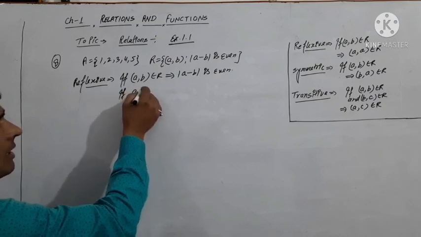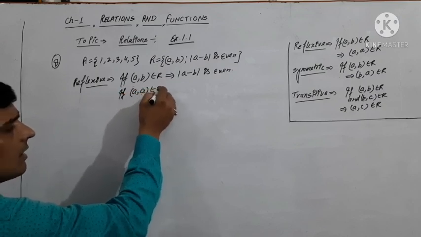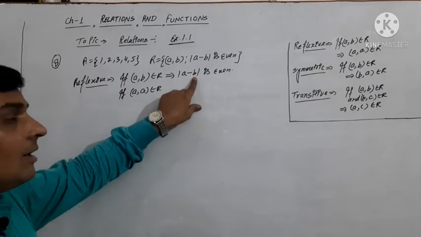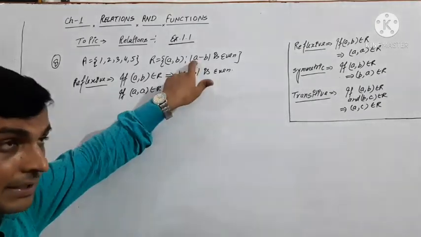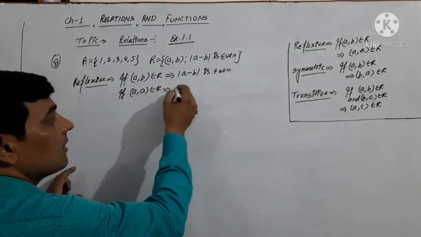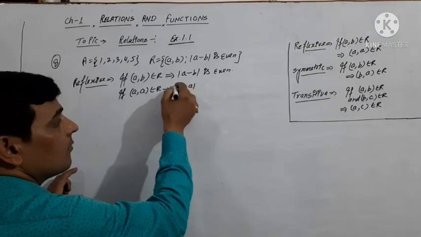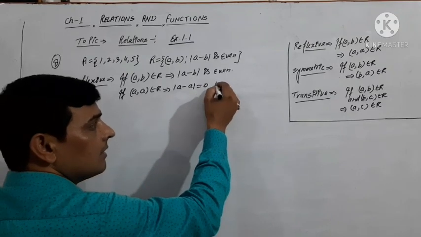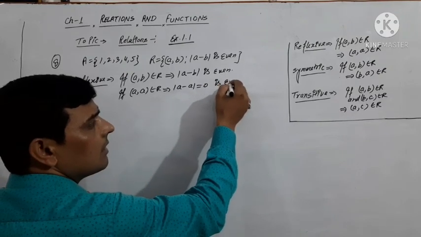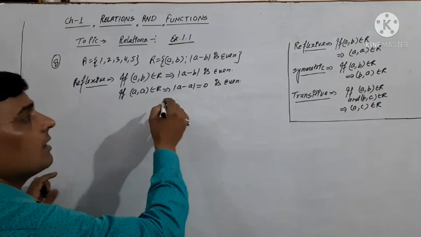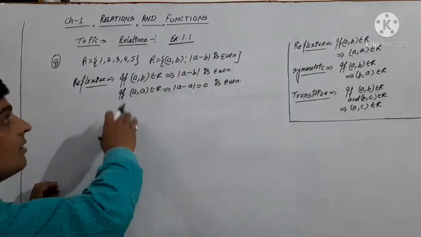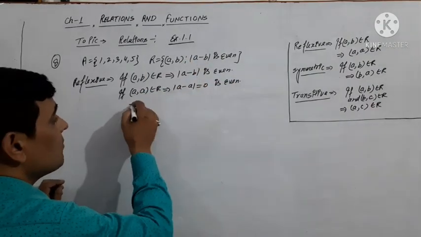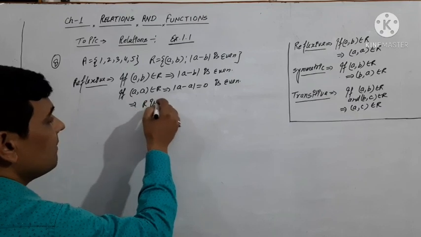If (a, a) belongs to R, then we are putting a in place of b in this condition. a minus a is 0, and 0 is also even. So this condition is valid for reflexive relation. This implies that R is reflexive.